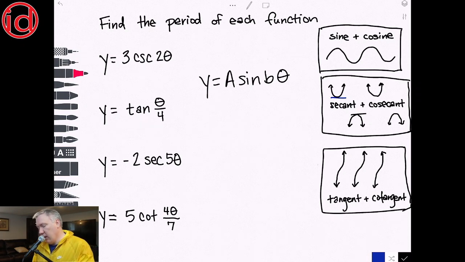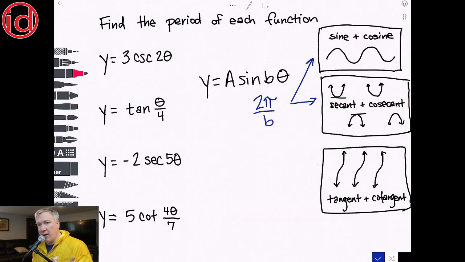Now, I told you that sine could be replaced with tangent, cotangent, secant, or cosecant, and it can be. But what's different is that the period formula will vary just a bit depending on which one it is. So for sine and cosine, and for secant and cosecant, the formula is the same. It is 2 pi over b.